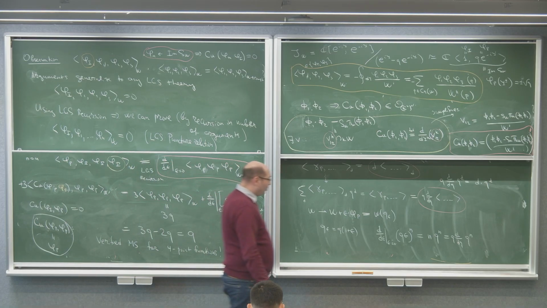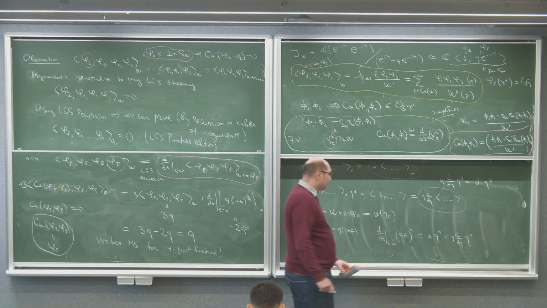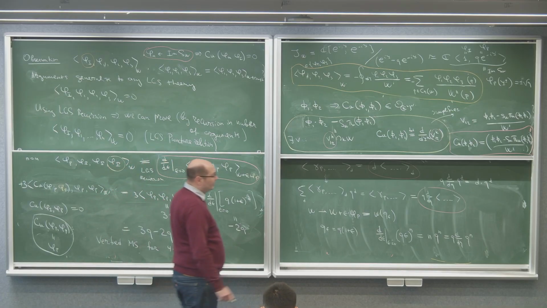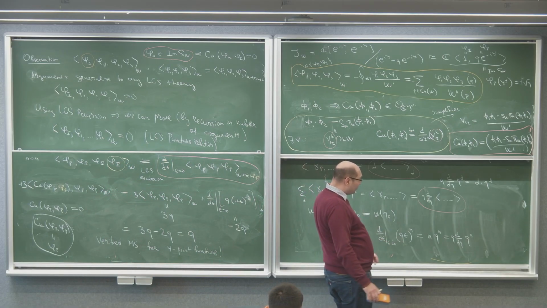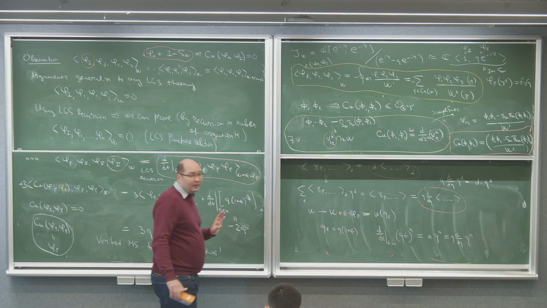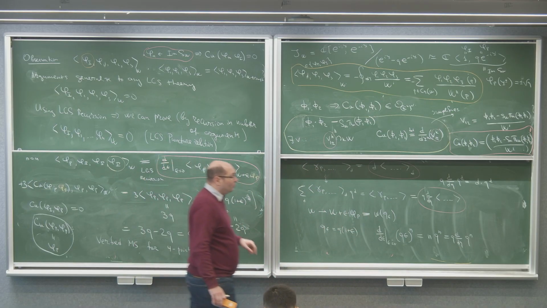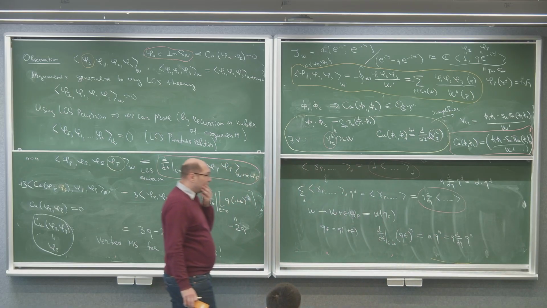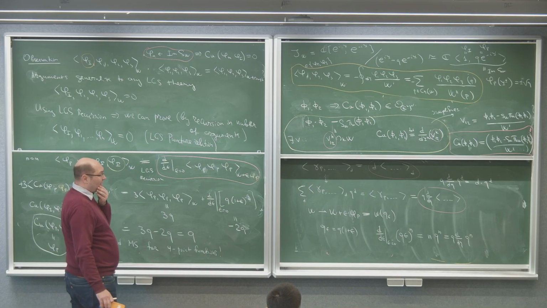So therefore, applying d over d epsilon at epsilon equals 0 to expressions that only depend on q epsilon, and are independent of q, is the same as applying the q d over dq derivative to the same expression in the undeformed theory.